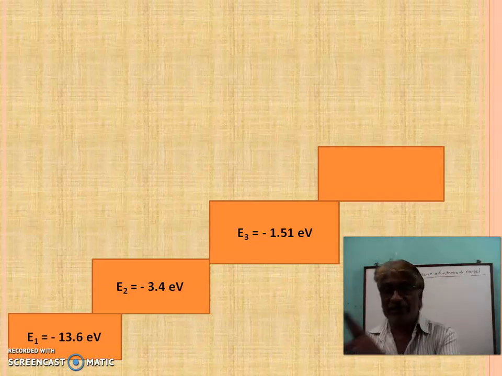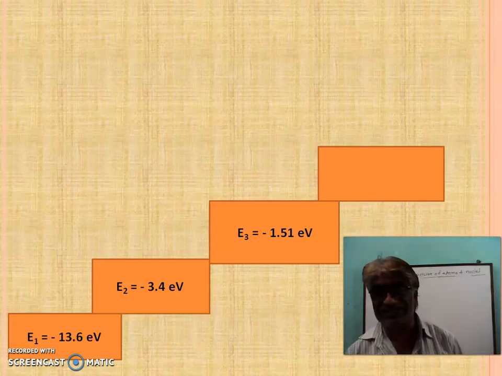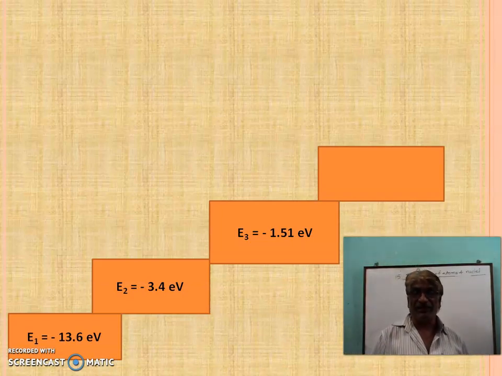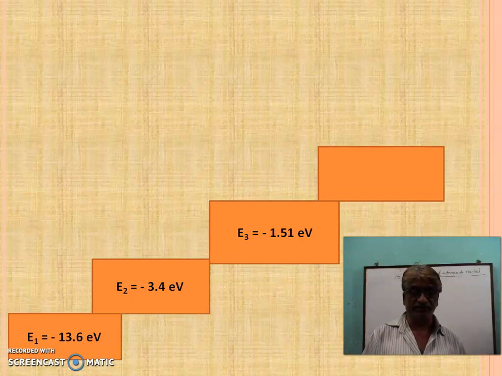When E1 is shifted to the numerator, E3 equals minus 13.6 upon 9. On division, E3 becomes minus 1.51 electron volt, meaning higher energy of the electron in the third orbit. Energy will be increased step by step.